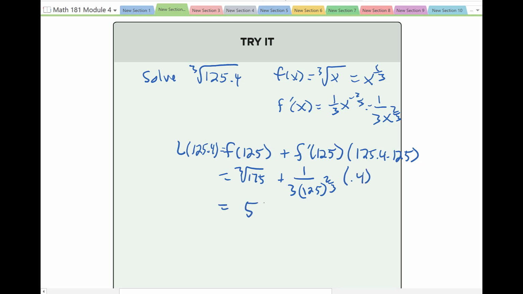So that's going to be 5 plus 1/3 times 25, because the cube root of 125 is 5. 5 squared is 25 times 0.4. And we're going to get from that 5.00533.